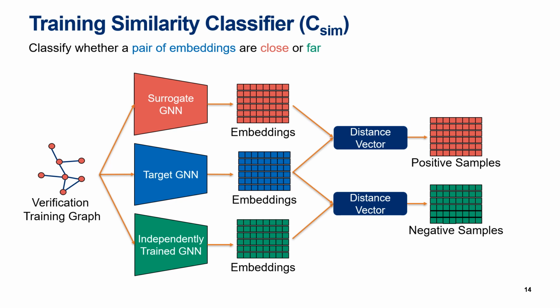algorithm that we propose. The key idea is that we want to classify whether a pair of embeddings are close or far, and to that end we train a similarity classifier. The key idea is that we train three models: a target GNN, a surrogate GNN of the target GNN, and an independently trained GNN with a different random seed.